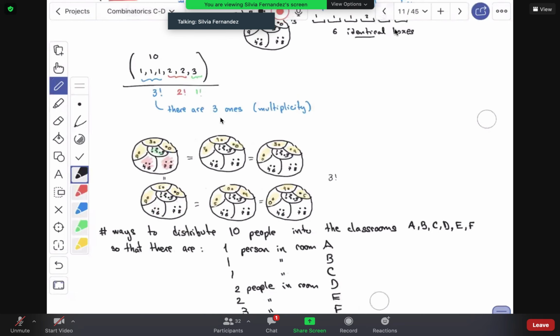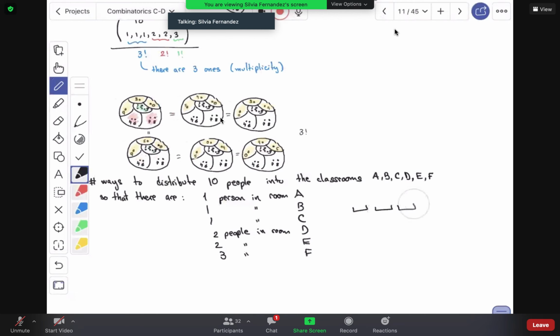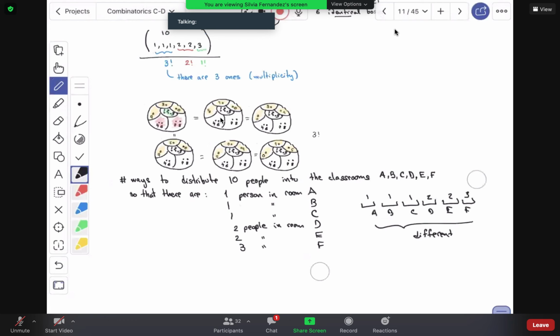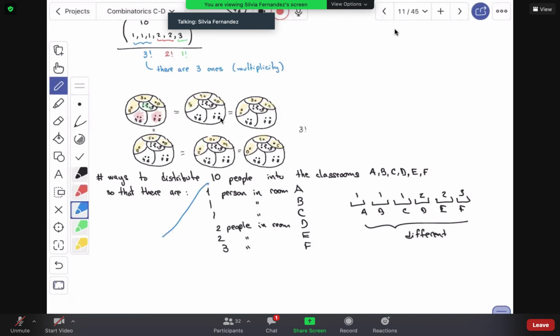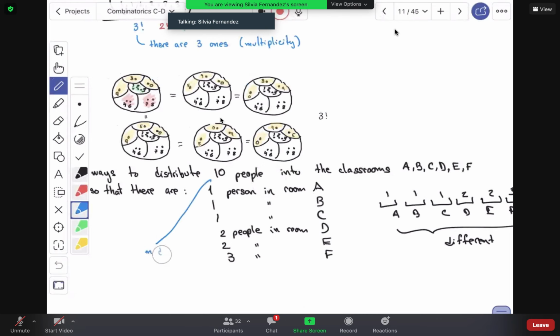Okay? So now these are actual classrooms, and they're labeled A, B, C, D, E, F. They're different. And I still want to have one person here, one person here, one there, 2 here, 2 here, and 3 here. The people are different. This is my M, the equivalent to M different balls. And this is my N different boxes.